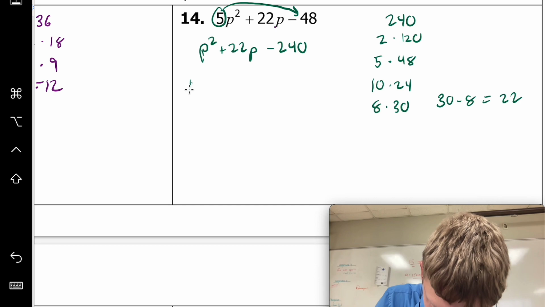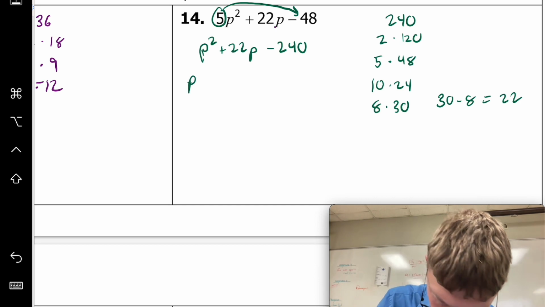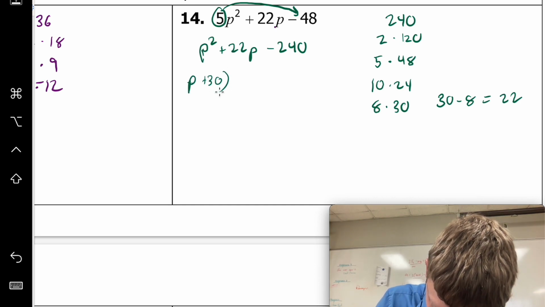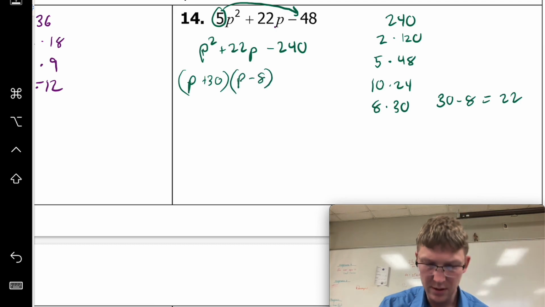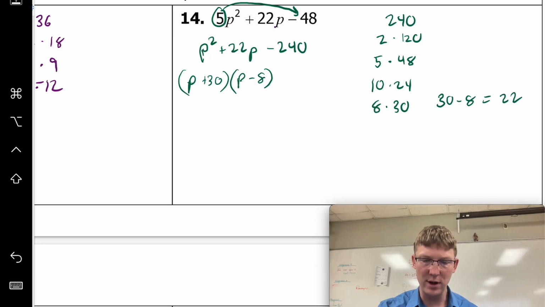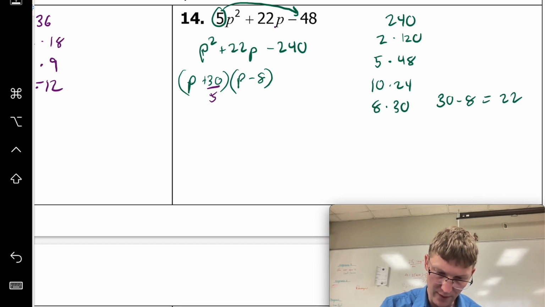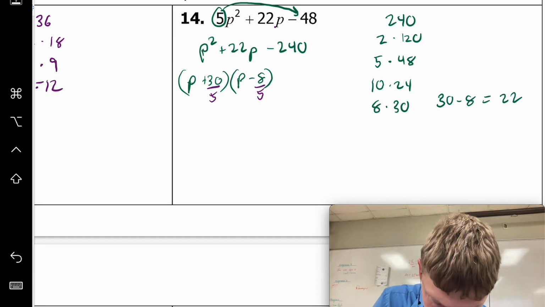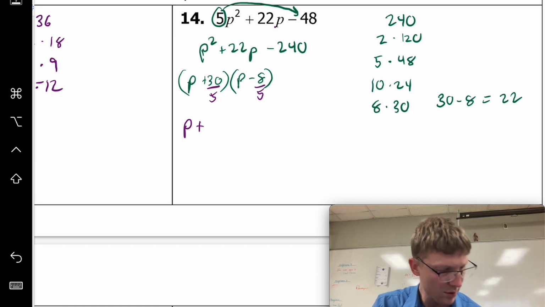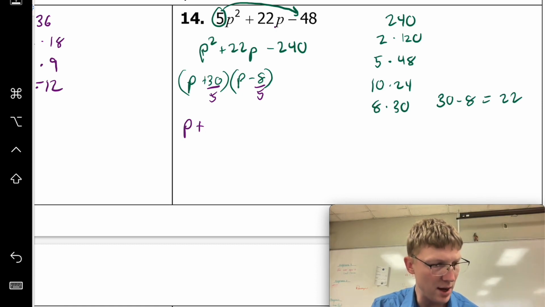So we're going to have p plus 30, p minus 8. But we had this 5 over here that we've got to deal with. So we're going to divide both sides by 5 and see if they reduce. Our first one's going to reduce. 30 divided by 5 is 6.